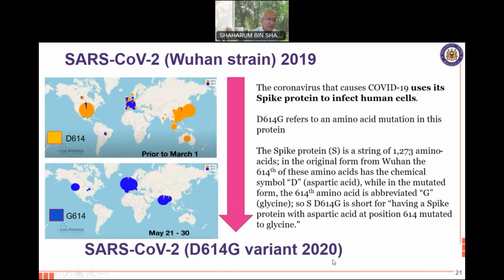It's about a year. What happened was that the aspartic acid at position 614 changed to glycine. That's why the variant is called D614G.